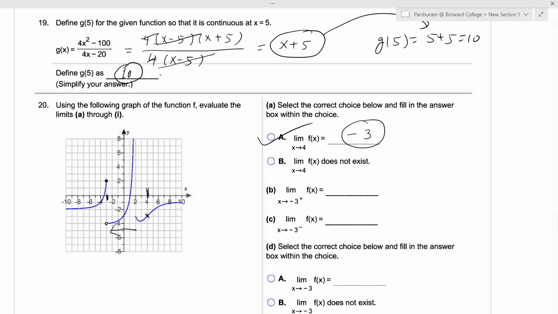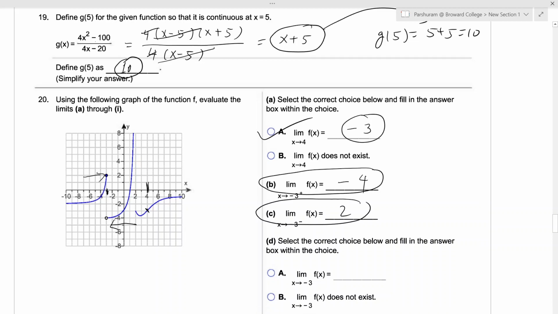The graph is approaching -4, so this is the answer for B. For C, when x approaches -3 from the left side, you can see that it's going to 2. So this is 2. Because the left hand limit and right hand limit are not equal.